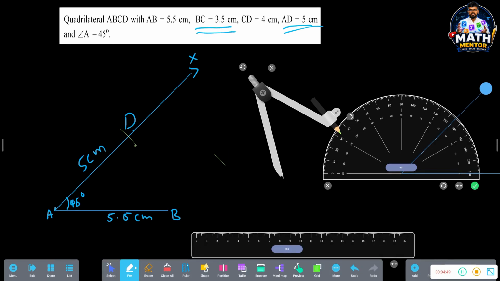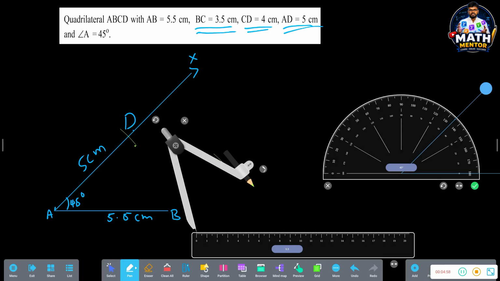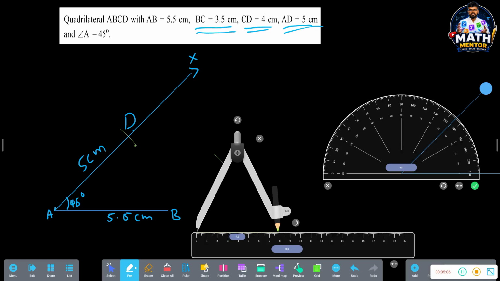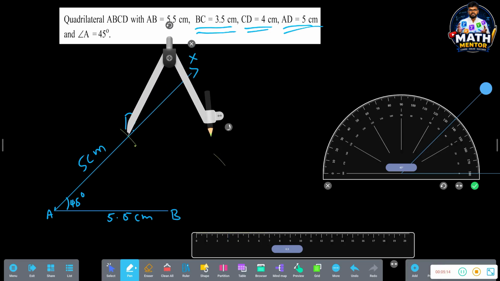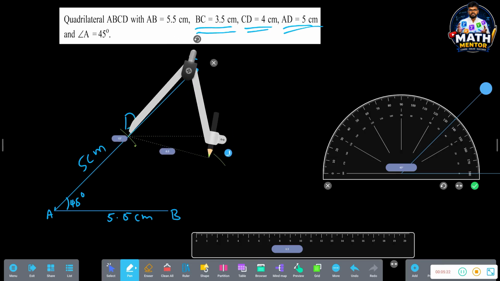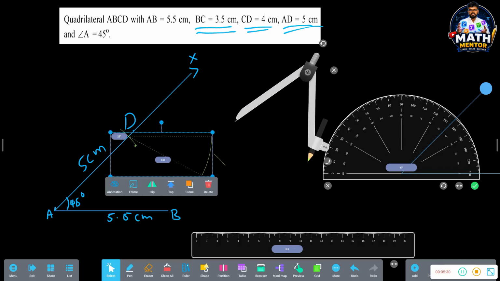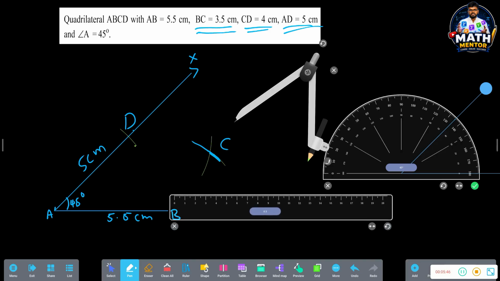Now CD is 4 centimeters, so we will take 8 centimeters. Keep this point on D and draw an arc. So this is the arc. Extend this arc like this. So this point will be our C. Now using our scale, we will join BC and CD.